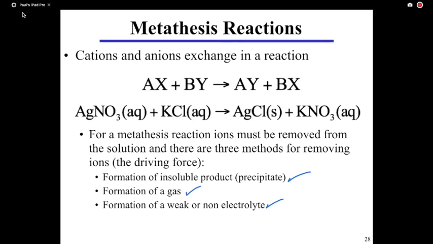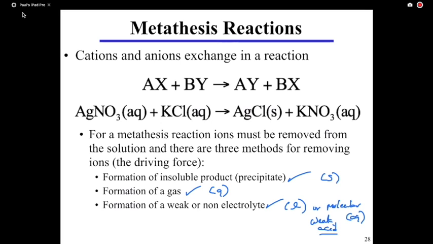In this previous example, we formed a solid, a precipitate. You can form a gas, okay, in this case. The last case, you can form a liquid, which is most likely water, or you can form a molecular compound that is aqueous, which most likely is a weak acid.